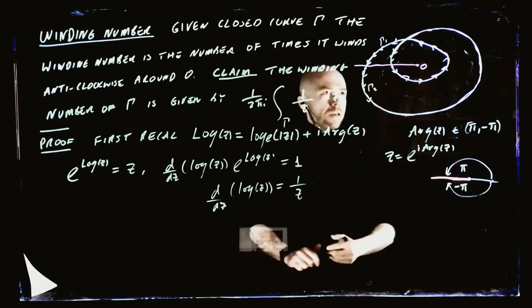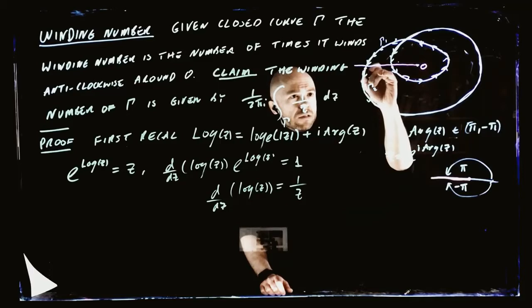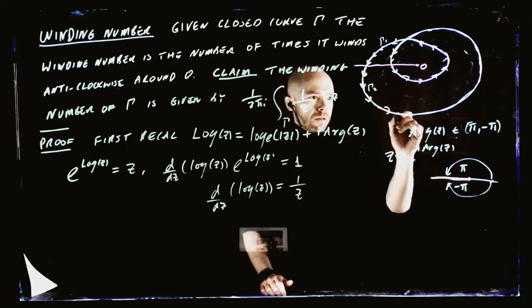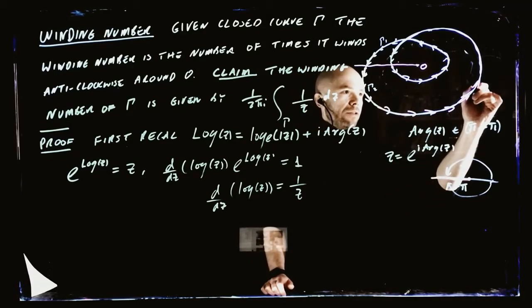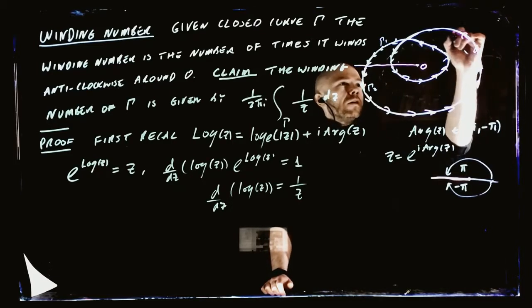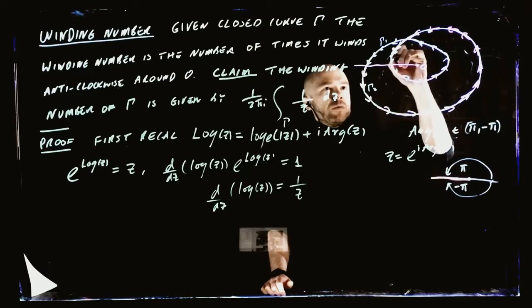Let me make a different color. So this is gamma 2 here. And just to stay in the place where it's holomorphic, I'm avoiding the negative real numbers. So I'm just stopping short.